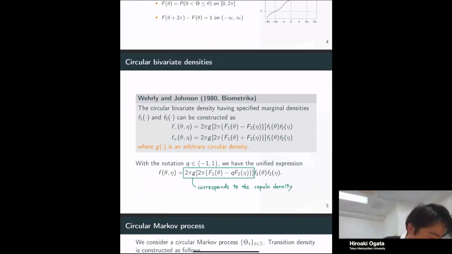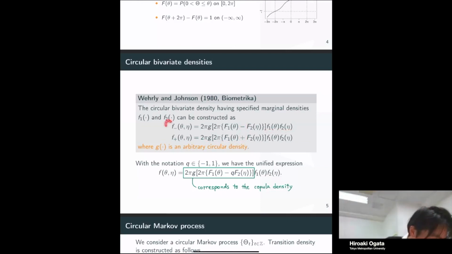Wehrly and Johnson proposed the bivariate circular density by this. Given specified marginal densities f1 and f2, we can construct the bivariate circular density by this. Here the minus and plus signs are both okay, and this g is an arbitrary circular density function.